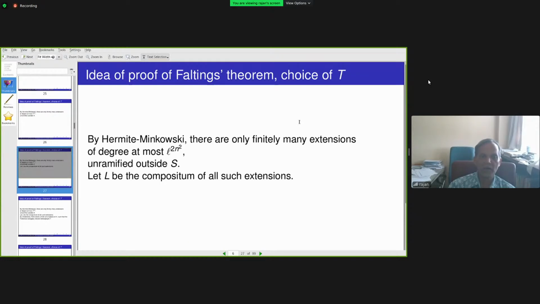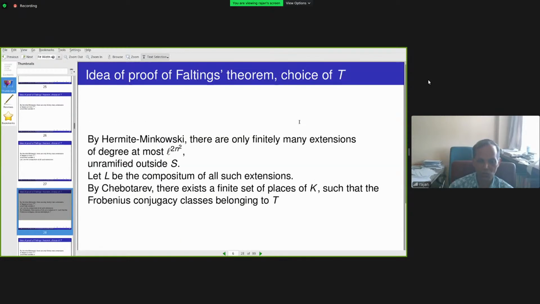Now you let L be the compositum of all such extensions. L is a finite extension of K, and we let G be its Galois group.